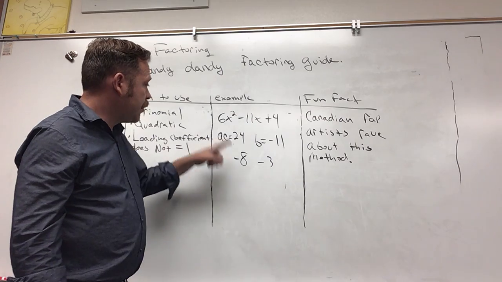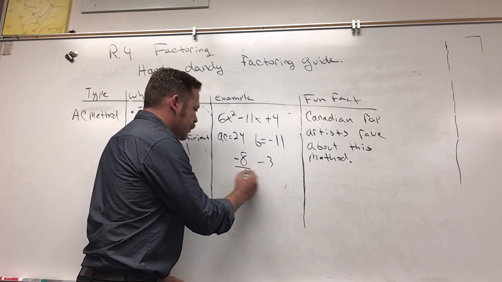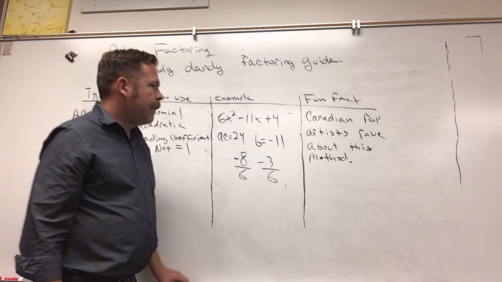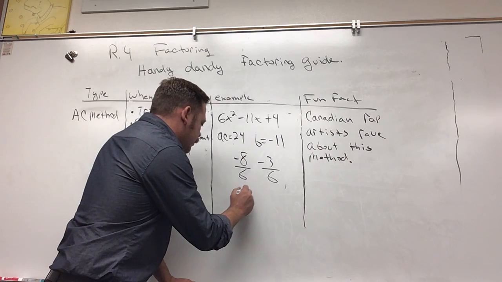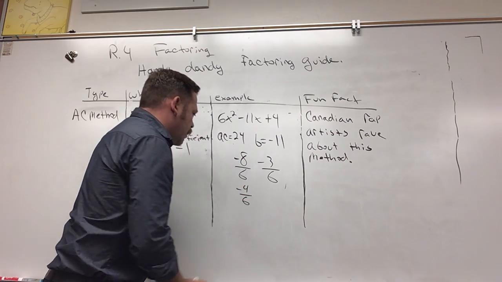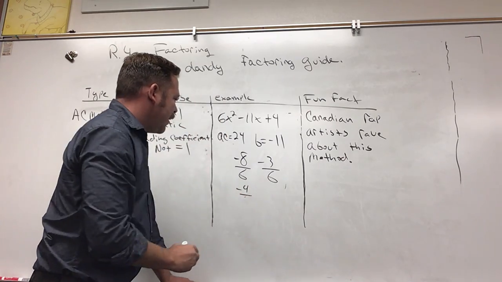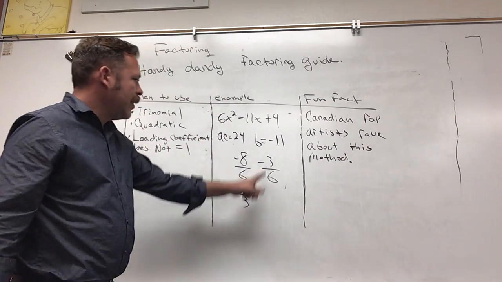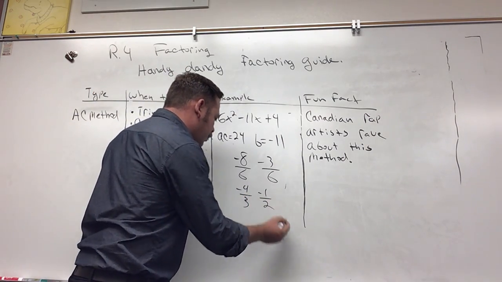Now I need to put those two numbers over my A number, which is 6. Now I need to simplify each of those fractions. So negative 8 over 6 simplifies to negative 4 over 3. And negative 3 over 6 simplifies to negative 1 over 2.